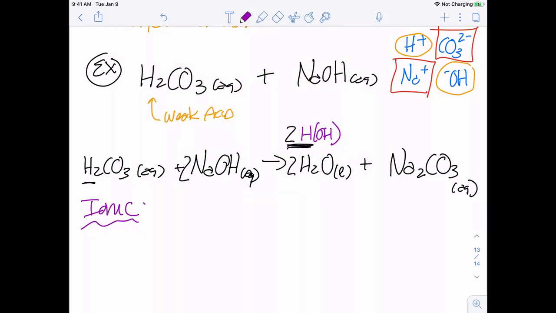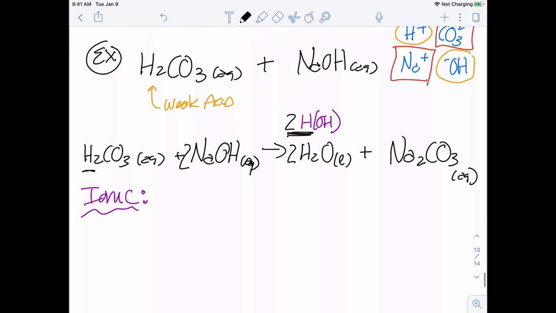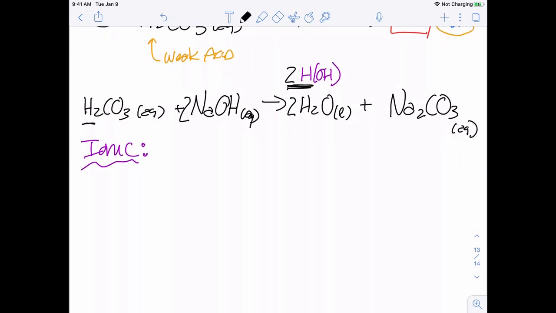My ionic, again, because my acid is weak, right? It's a weak electrolyte. I am not going to write it in ionic form. I'm going to keep it together. So H2CO3, aqueous. My base is strong. Using our solubility rules, that is going to be a strong electrolyte. I do have 2 sodium hydroxide, so 2 sodium and 2 hydroxide.